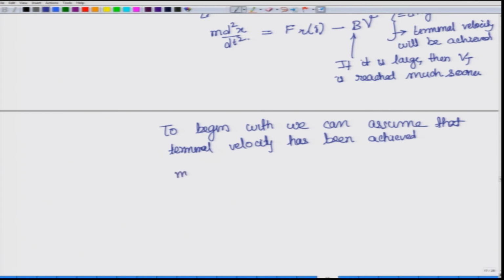So, let me write down this equation over here: m d2x by dt square is equal to Fxi minus B V terminal. Now, if the body has already reached, it is not an instantaneous velocity, it is V terminal, therefore m d2x by dt square is equal to 0, which means that this whole thing is 0.